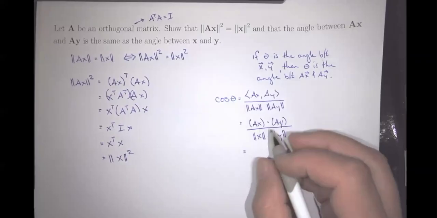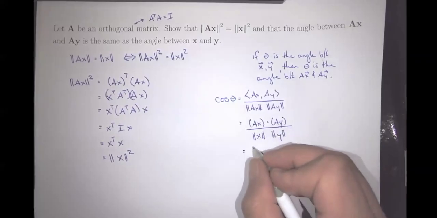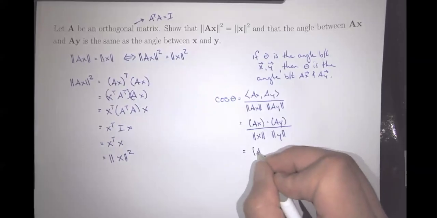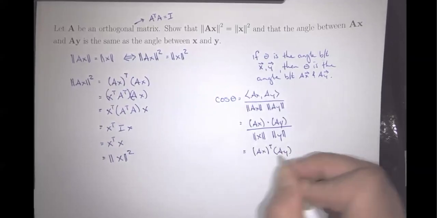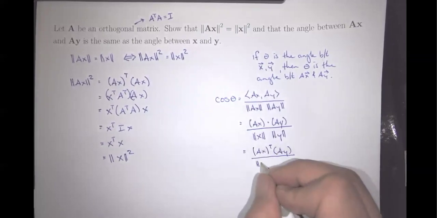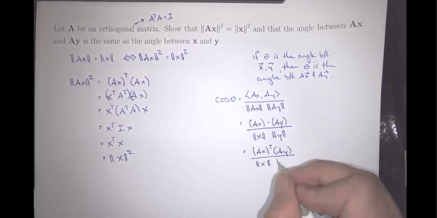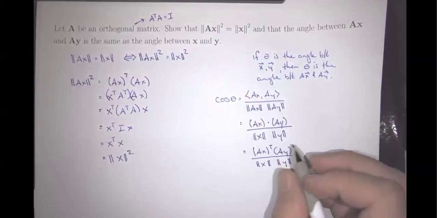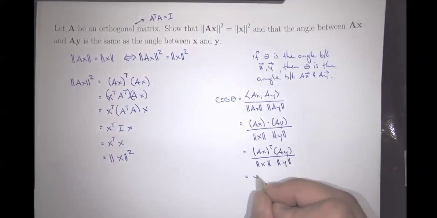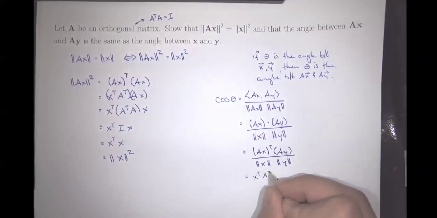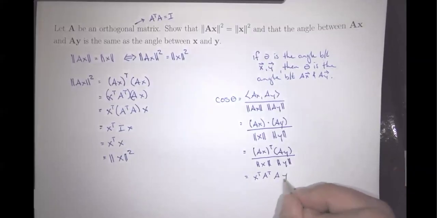So this dot product here is going to be AX transpose times AY. Using our properties of transposes, we've got X transpose A transpose AY.